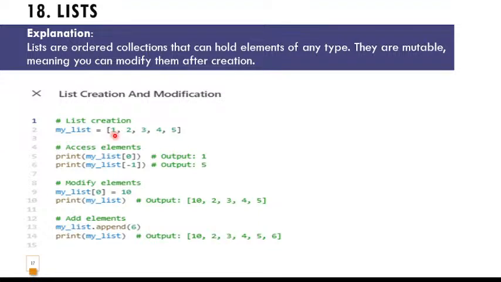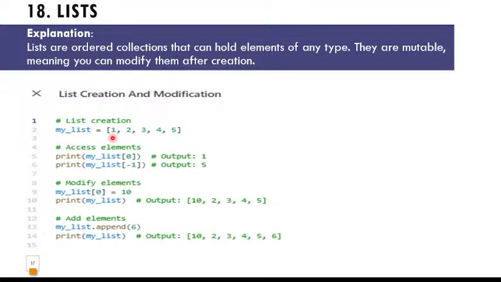So as I told you, in programming the counting starts from 0. Now print my list -1. So -1 means the last element; it starts from there, -1, -2, -3. Now modify the element.